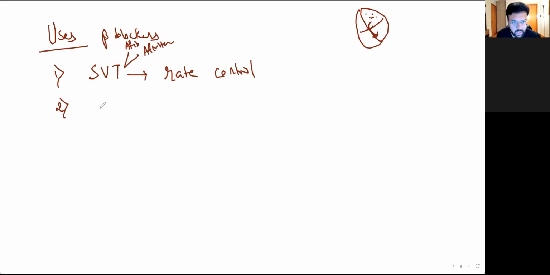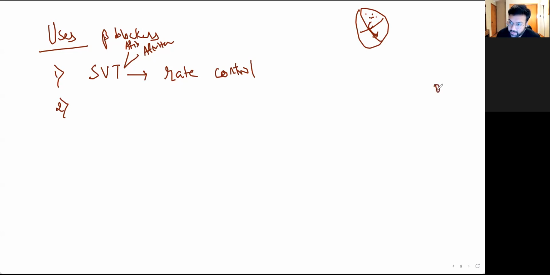Where can we use beta blockers? Are they first line for hypertension? What do you think? The first line for hypertension is thiazide, is it?